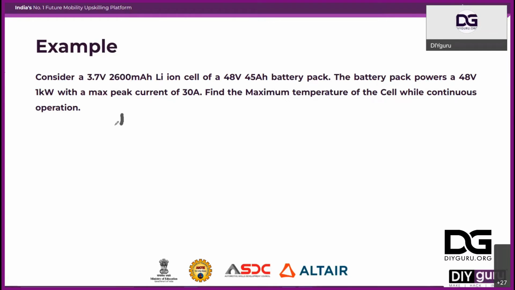So what we had was IR was 21 amps, and IP was 30 amps.